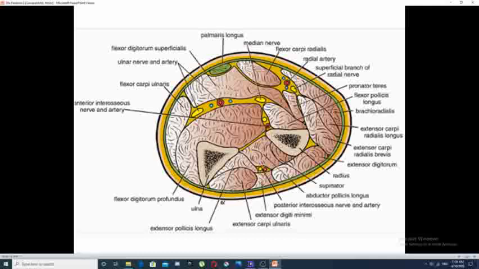Radius and ulna are attached together by an important membrane, the interosseous membrane, and this membrane will divide the forearm into anterior compartment and posterior compartment. Another fascial layer, less well identified, will separate a lateral compartment of the forearm, as you see.